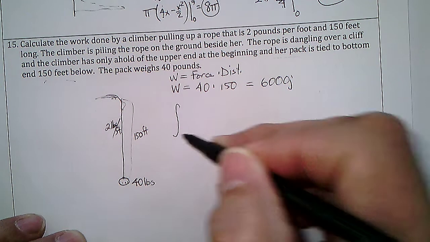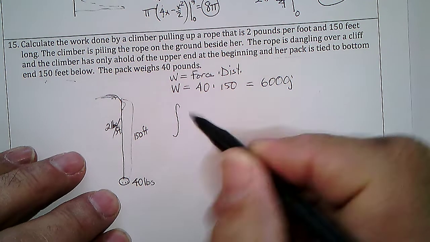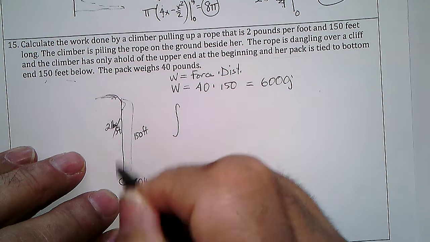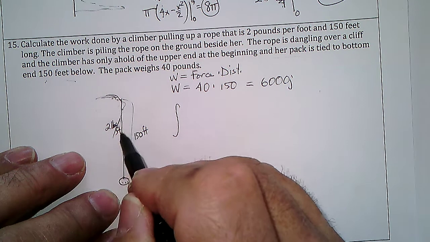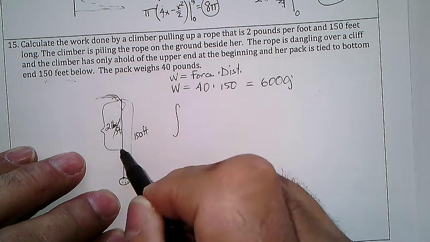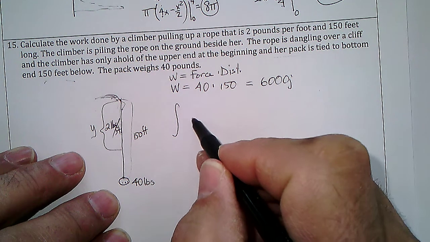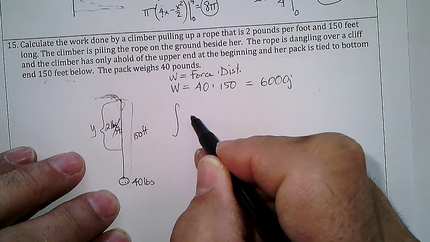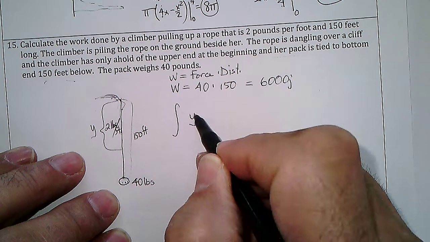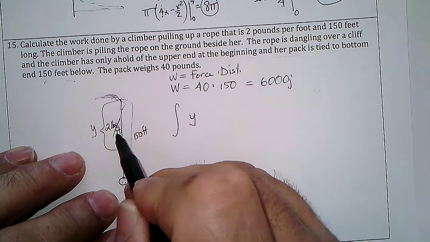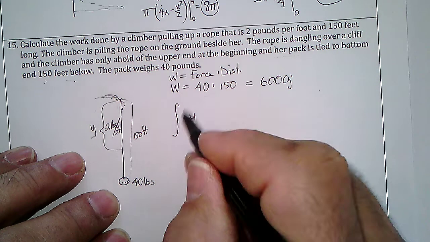Now for the rope, we can say the length that's still down there, let's say that is a length of y. That length times the weight per foot, so times 2.